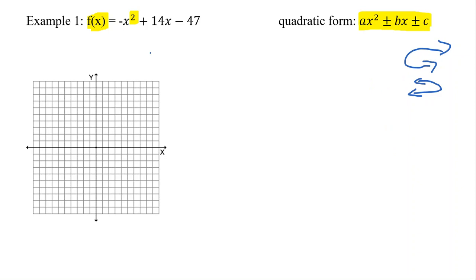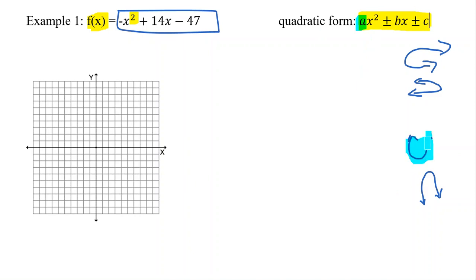However, this is a specific quadratic, and we're going to determine if it opens upward or downward. How do I know? If my A is positive, it's going to open upward. If it is negative, then it's going to open downward.